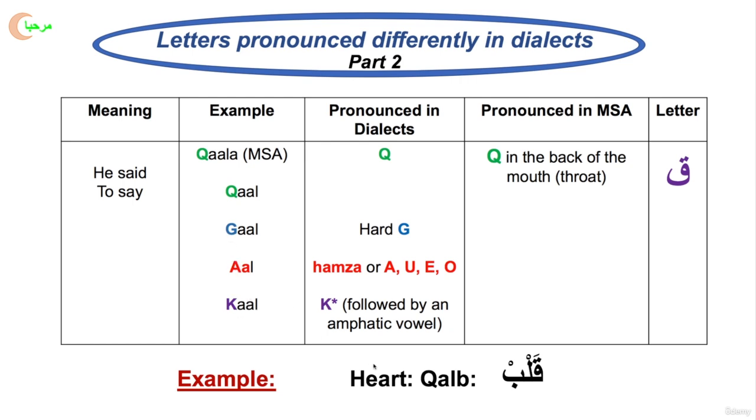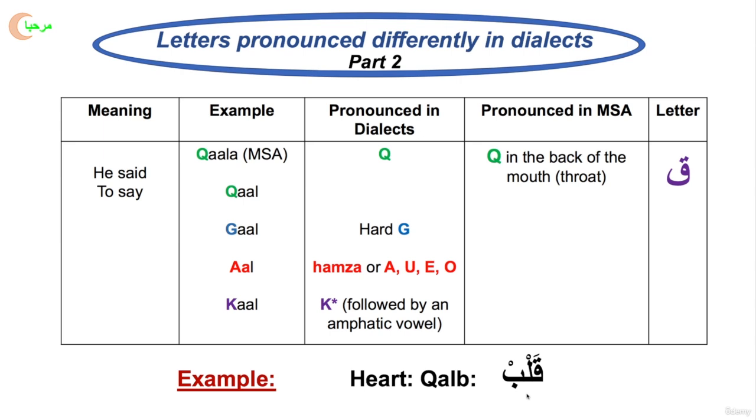Then go back to the video. So let's assume you already did that, and let's pronounce this word in different dialects. So it could be pronounced qalb, or galb, or alb, or kalb.